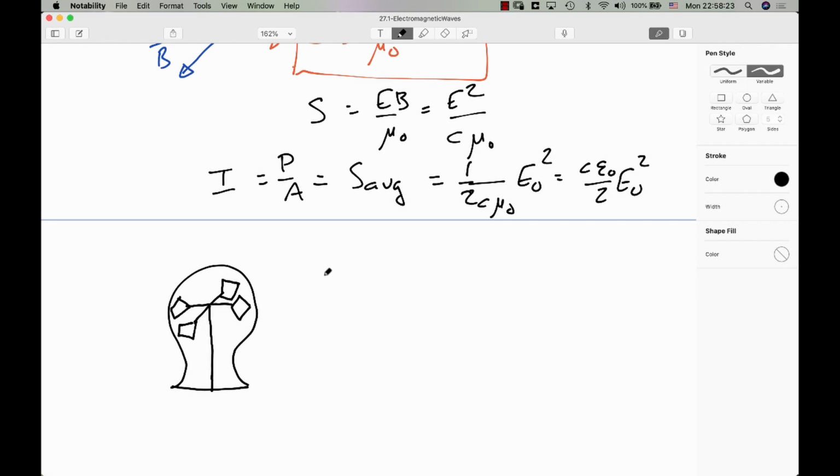On one side, the vanes were painted black, and on the other side, they were painted white. If you shined a light on them, this vane contraption would start spinning around. The black side's chasing the white sides.